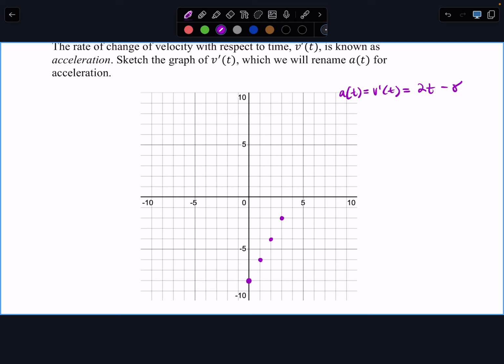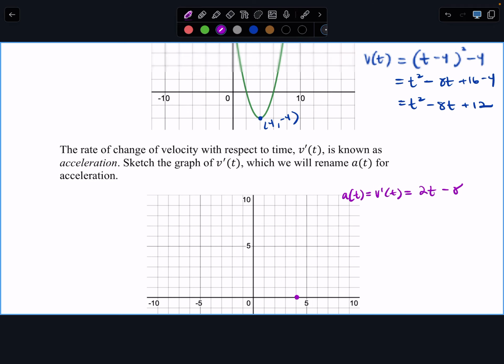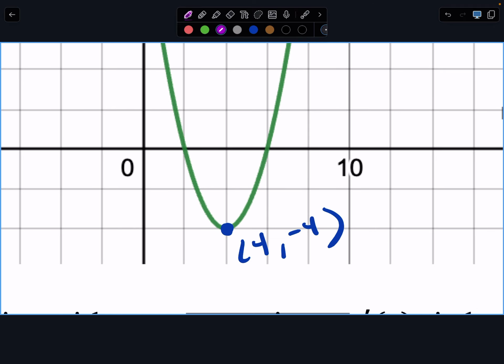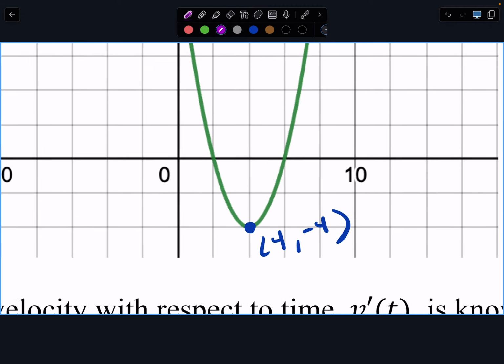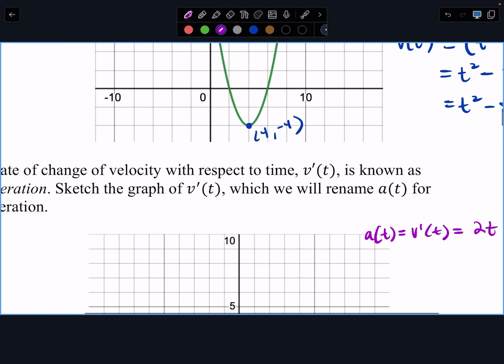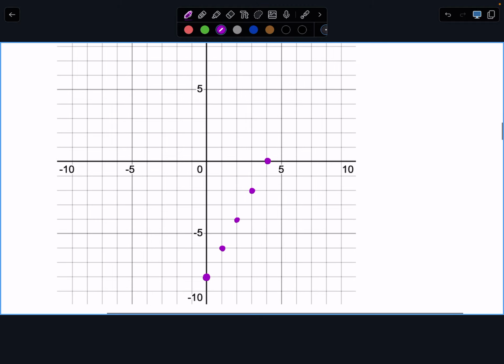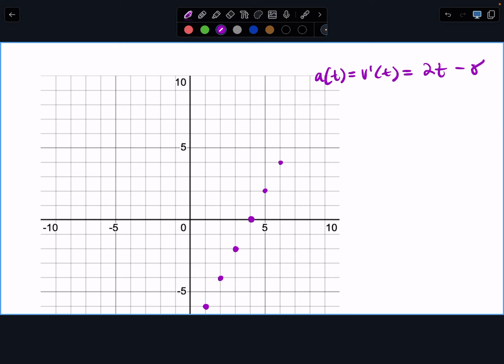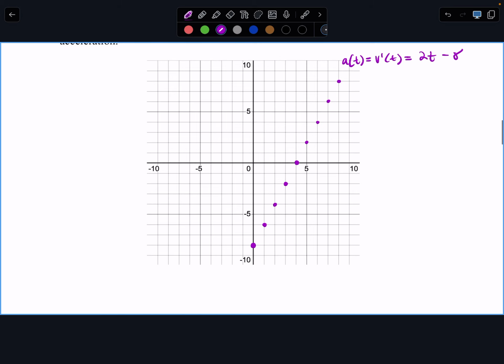This also should make sense, you guys, because the horizontal tangent line at t equals 4 would correspond to the t-intercept for v prime of t.